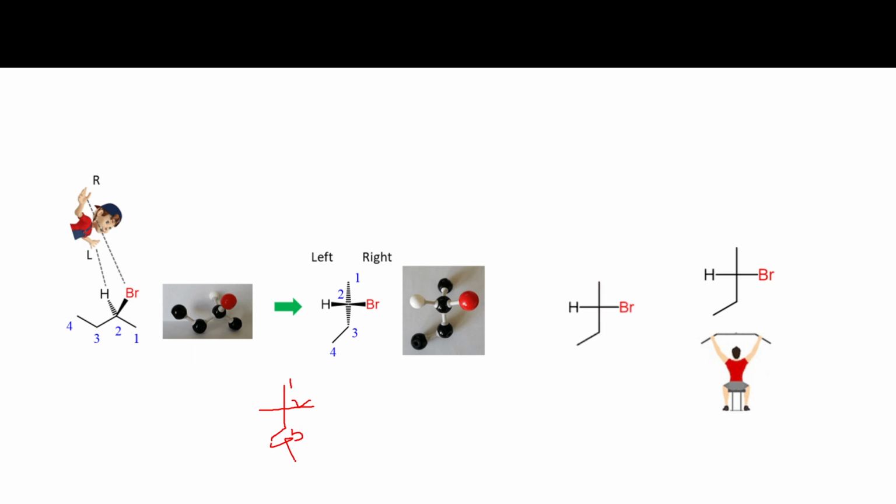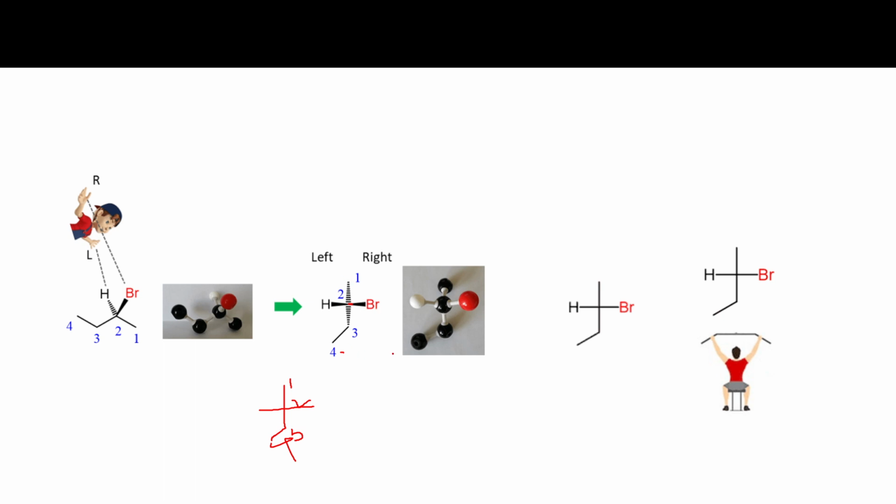First we do not directly convert this bond drawing to the Fischer projection. First we convert the molecule to a semi-solid position like this. This will be the number 3 carbon, this will be the number 4 carbon, which are connected. Carbon 1, 2, 3 is connected to the chiral center, and your hydrogen is on the left side and bromine is on the right side.